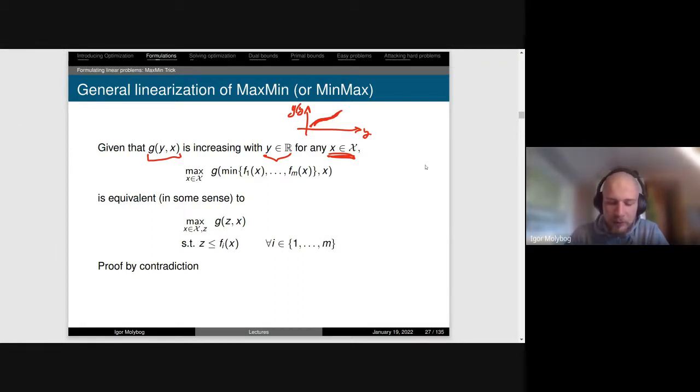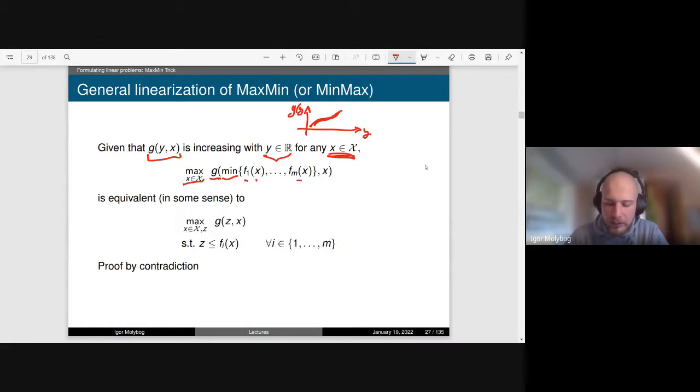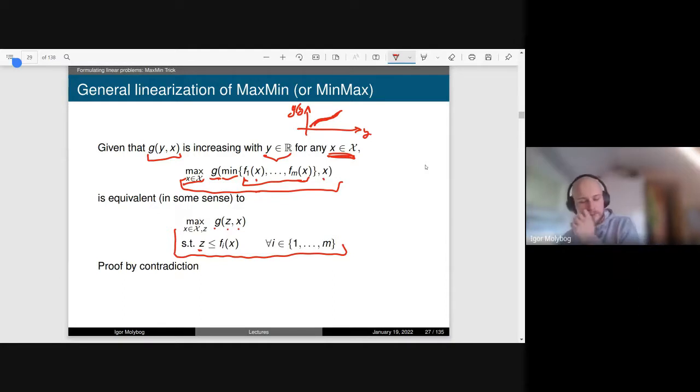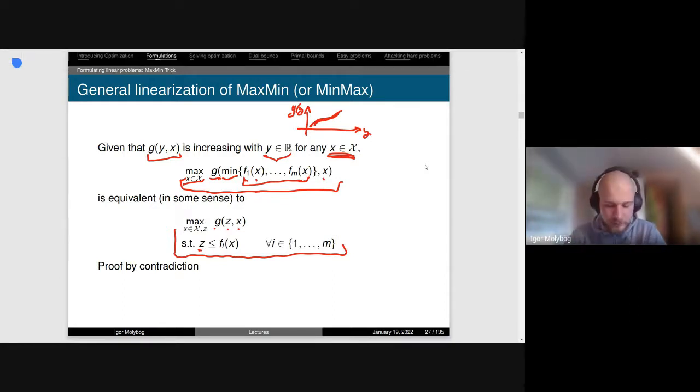If we have a problem of maximization of a function g of the minimum of some functions, which depend on x, and g itself might also depend on x, this problem is equivalent, in some sense that I will talk about right now, to the following optimization problem: maximize g of z and x such that z is less than or equal to all of the functions that we had in our formulation.